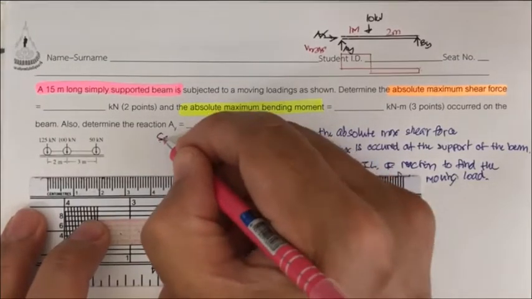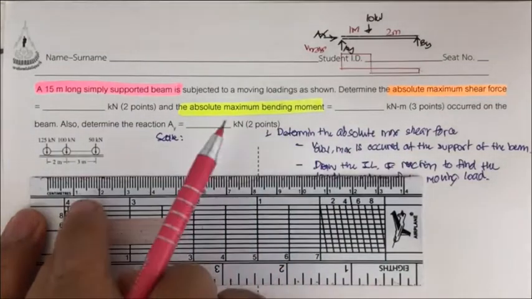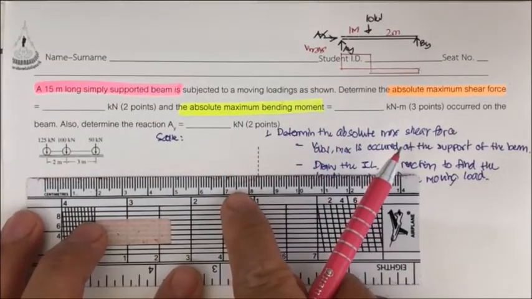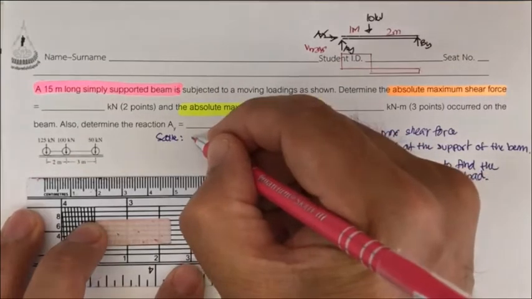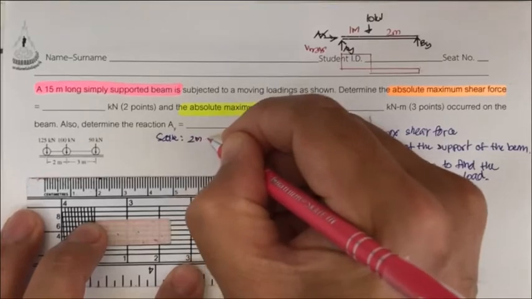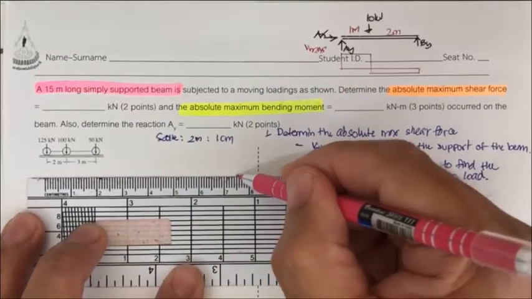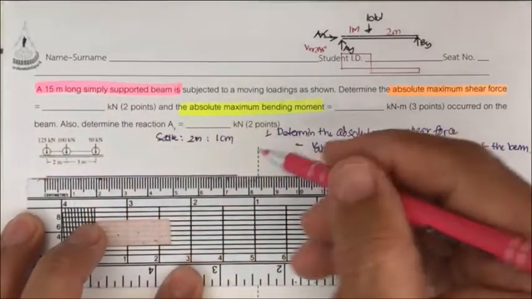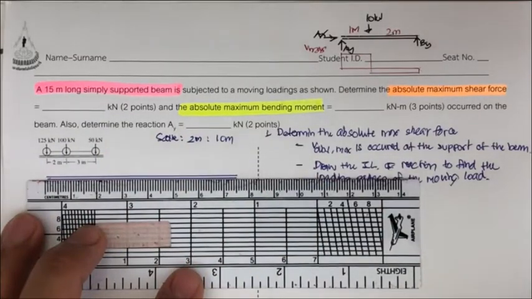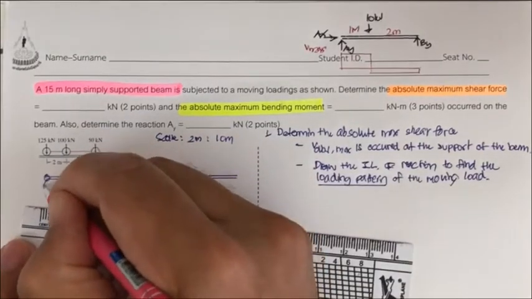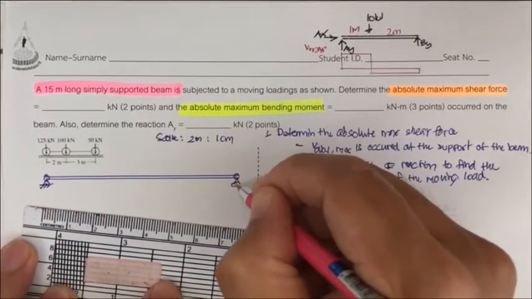Let's make the scale of this 7.5 centimeter, that is going to be 2 meter for 1 centimeter. So that means we're going to have this beam at 7.5 centimeter. And we're going to put the moving load onto this beam.